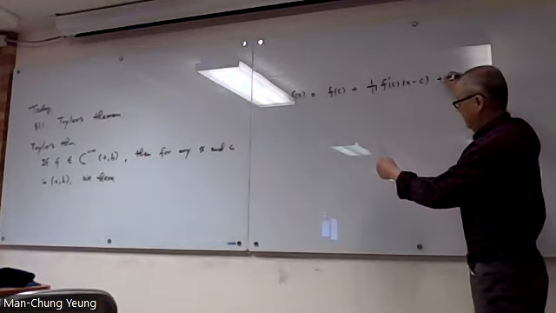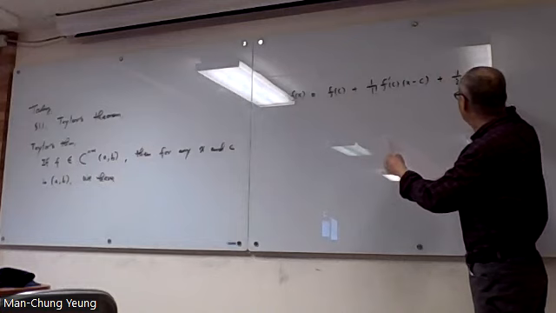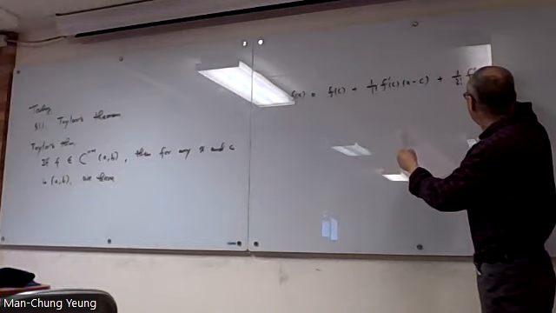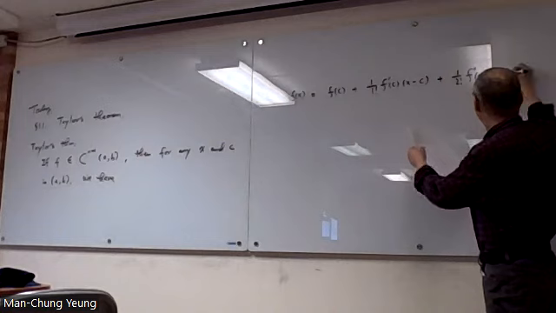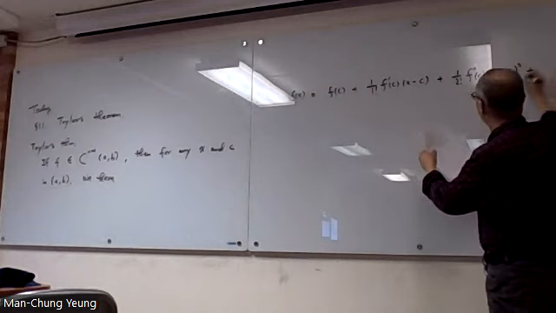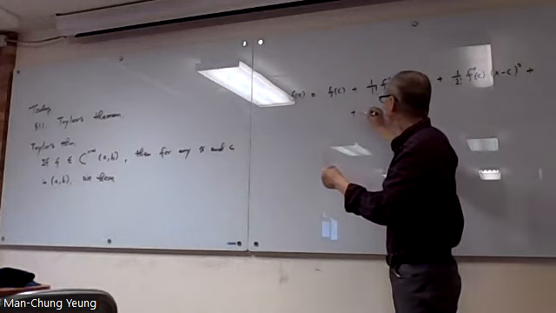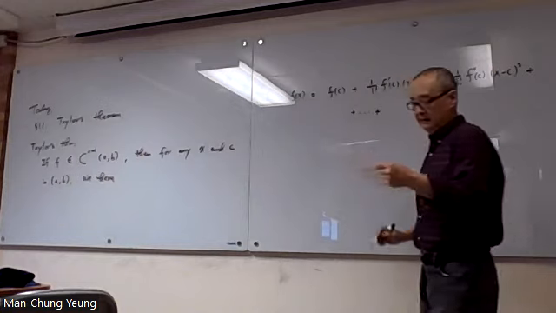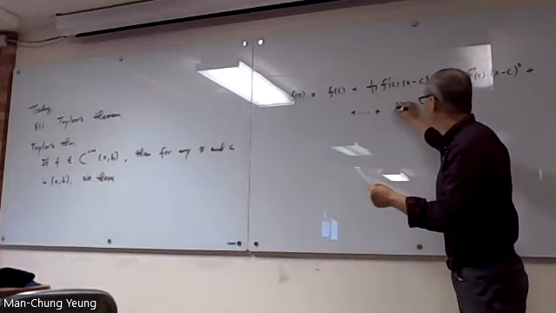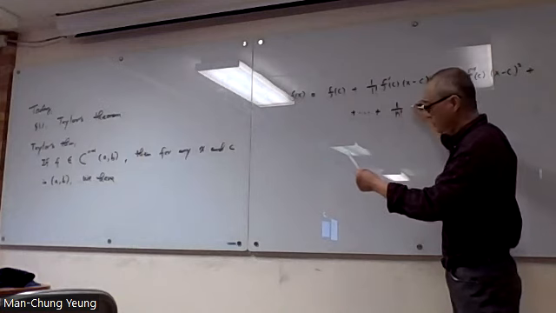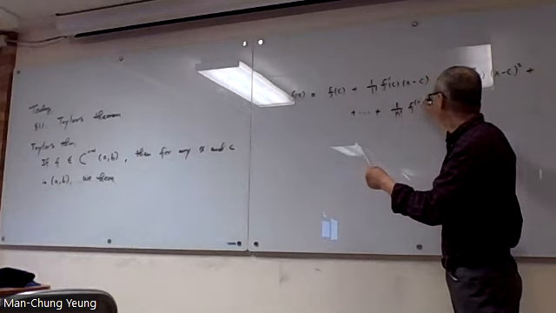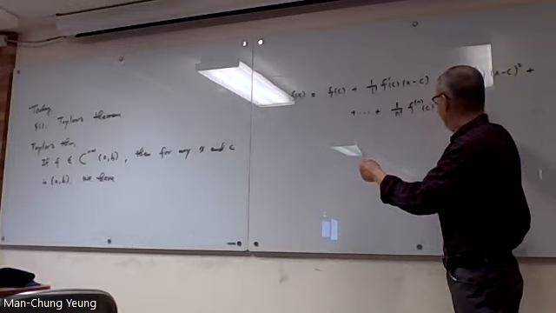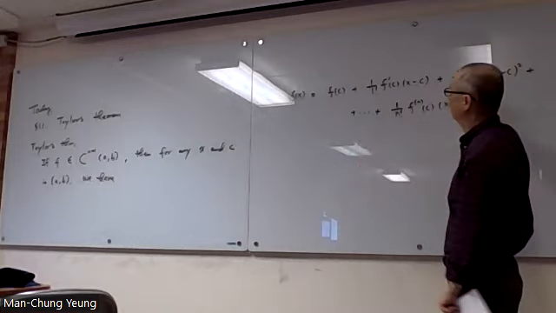And then plus 1 over 2 factorial times the second derivative at c, times (x minus c) squared, and so on, plus 1 over n factorial times the derivative of order n at c, times (x minus c) to the n.